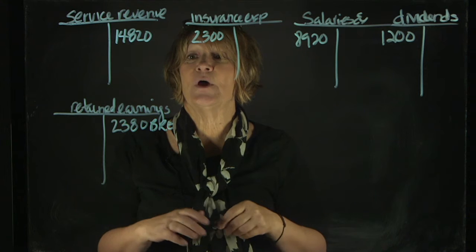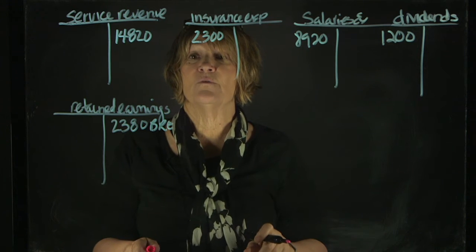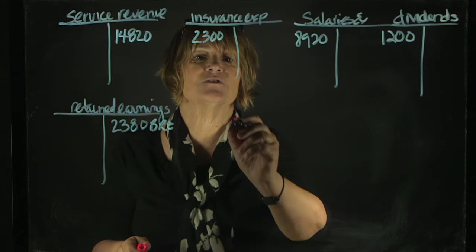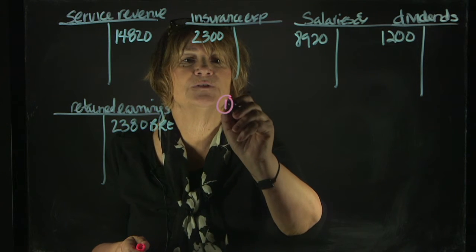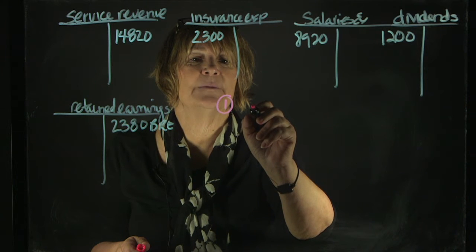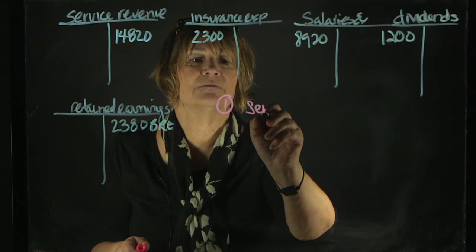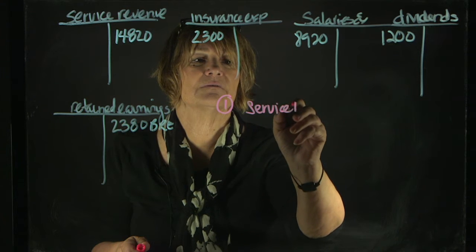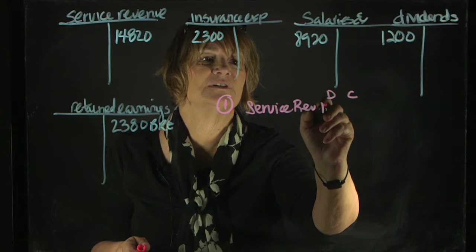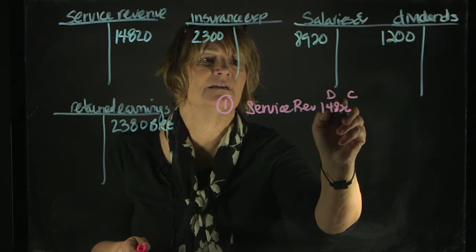Okay. And so to close, the first thing I want to do is I'm going to journalize the closing entry. And so that first closing entry would be to debit service revenue. And I'm going to debit that for $14,820.